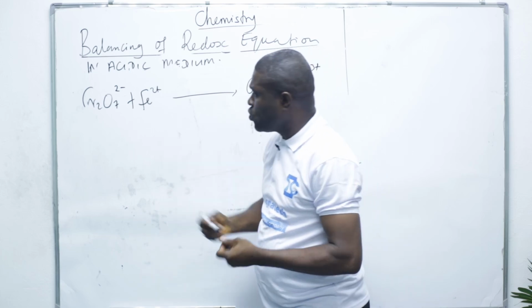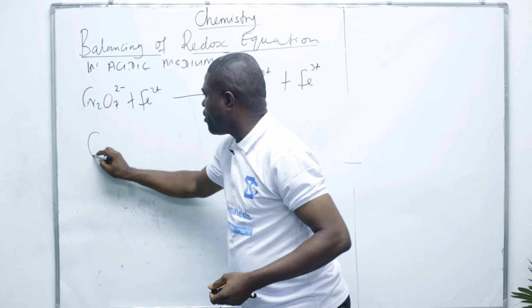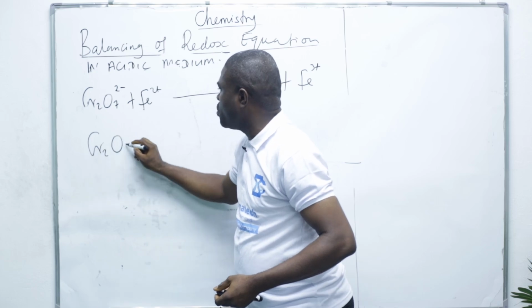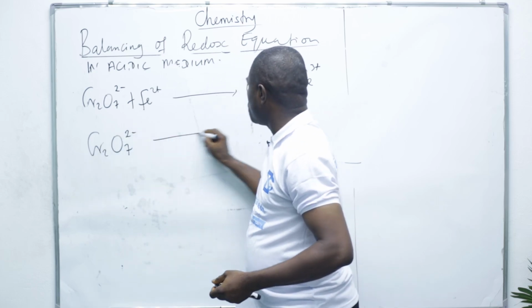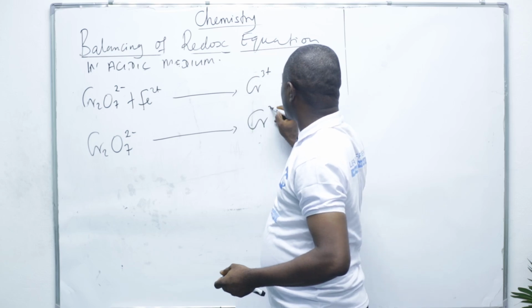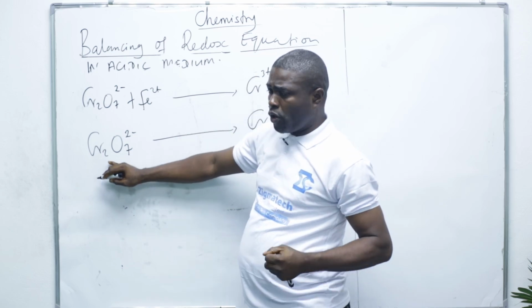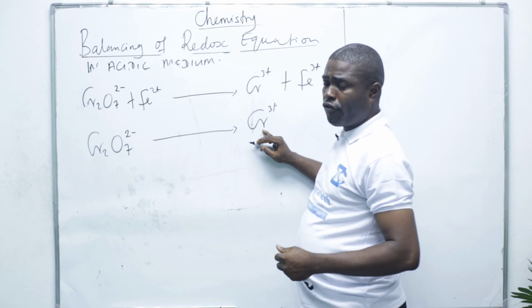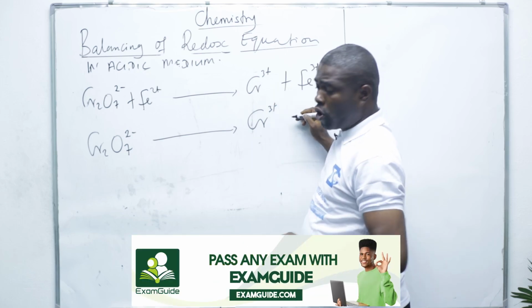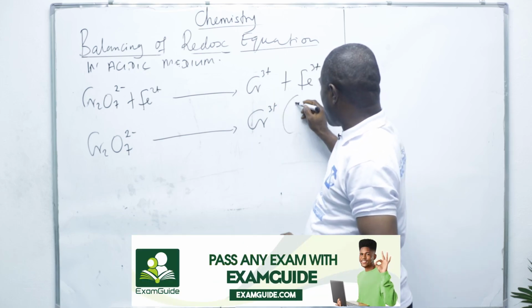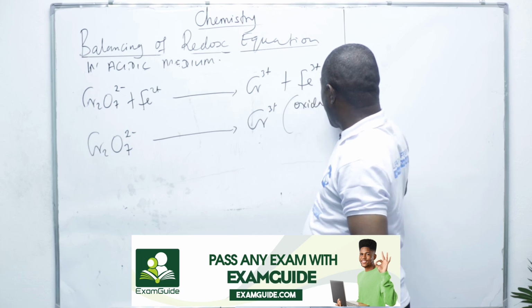What do we do? We separate the two. So from Cr2O7 2 minus to Cr3+, from oxidation number of plus 6 to oxidation number of plus 3, that is the reduction half equation.